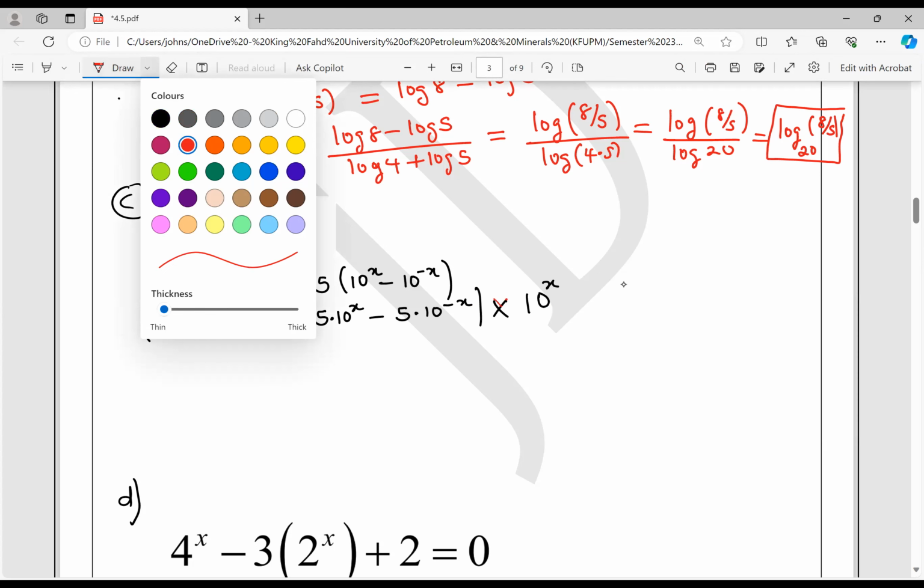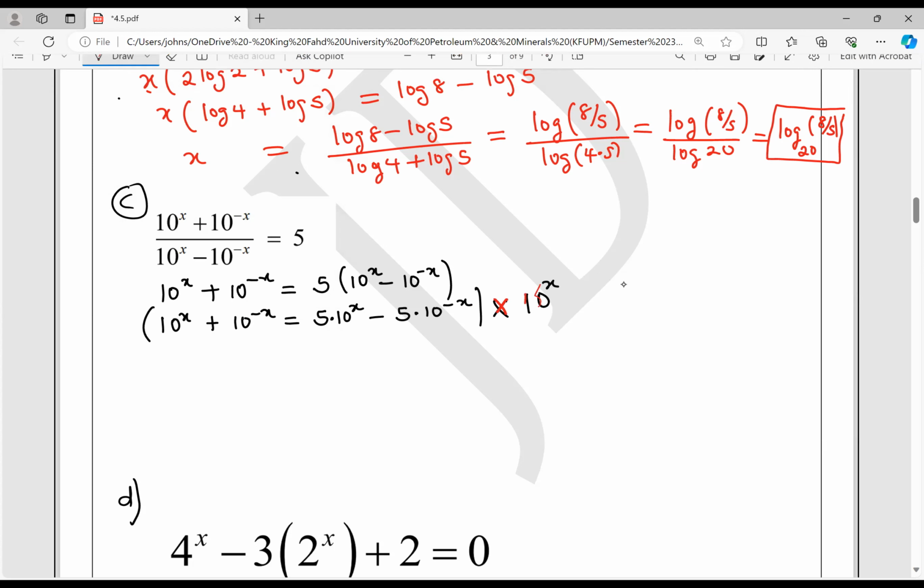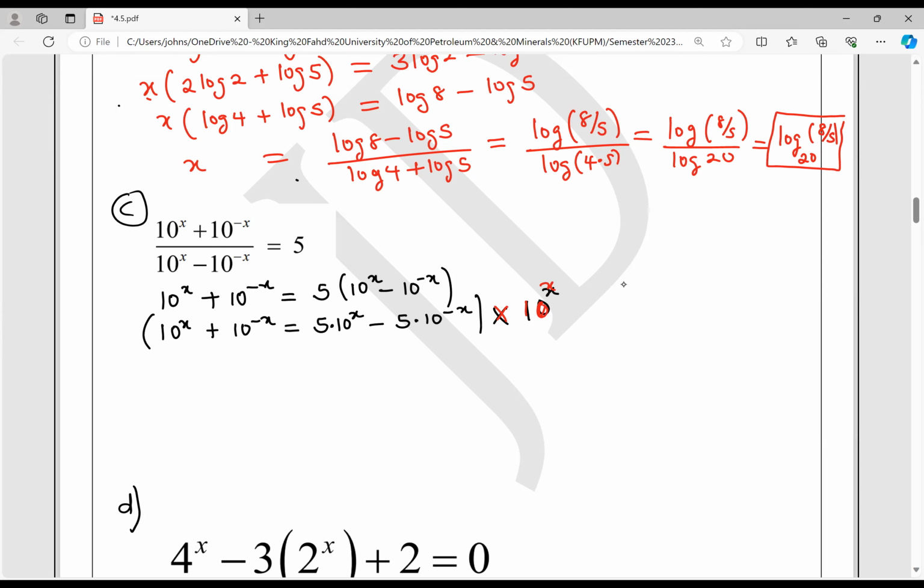So we multiply 10^x everywhere. So this will be 10^x multiplied by this. Here also you will have 10^x, and here also you have to multiply everything by 10^x.